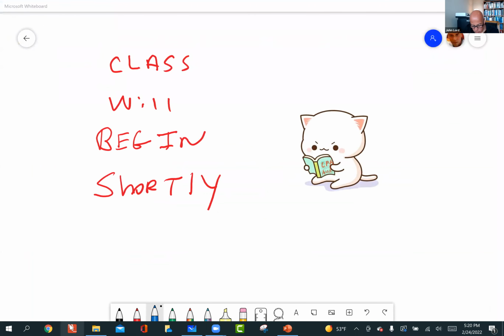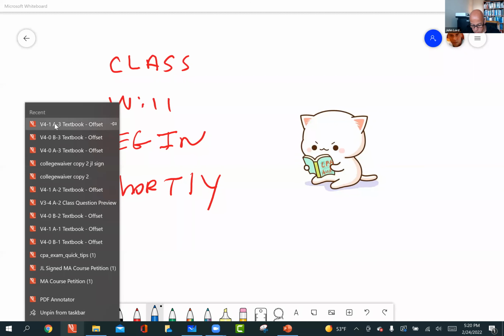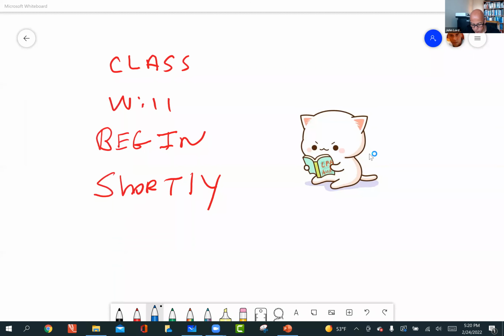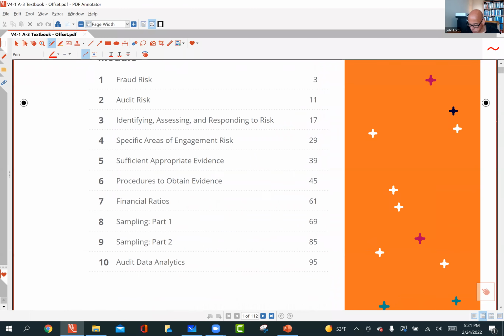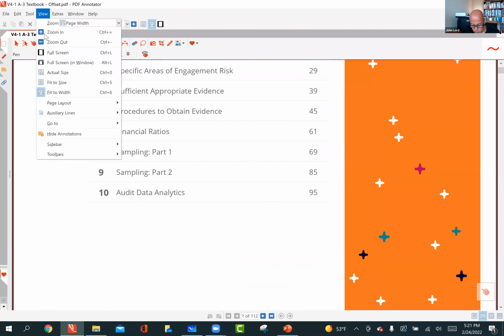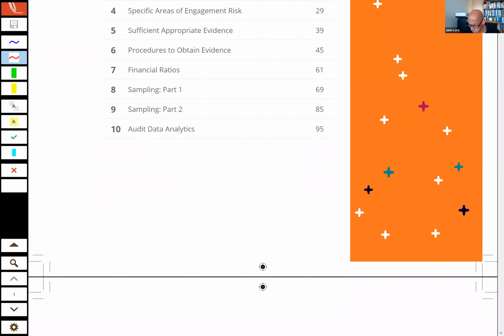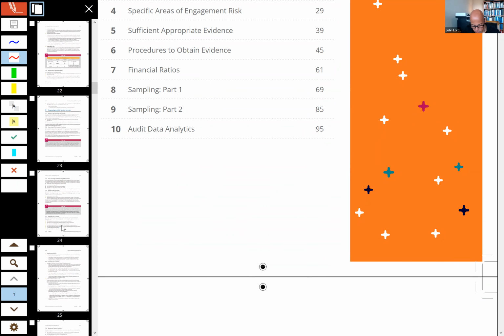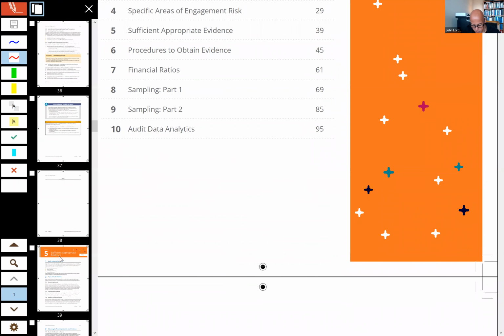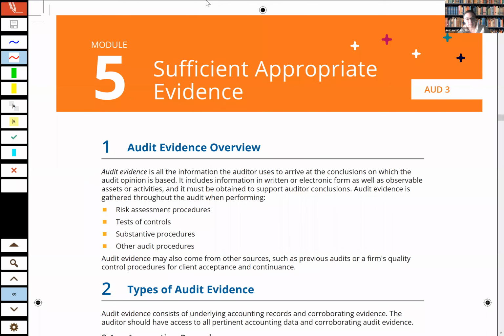So let's see. It's going to make me scroll all the way. Screen mode. Try it this way. What page are we on? 39? Yeah. Okay. Okay. I didn't say it. Okay. Oh, and I got to record?